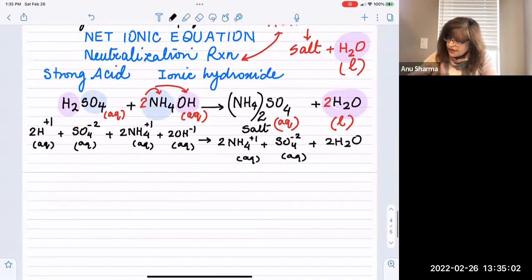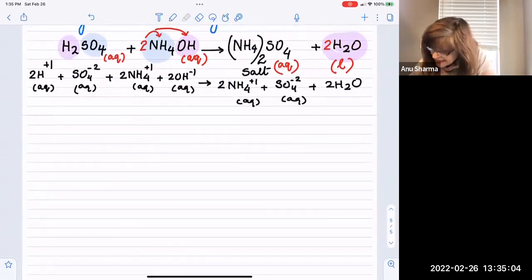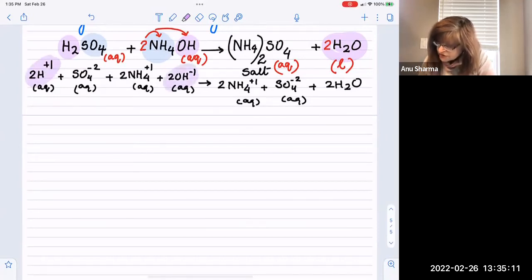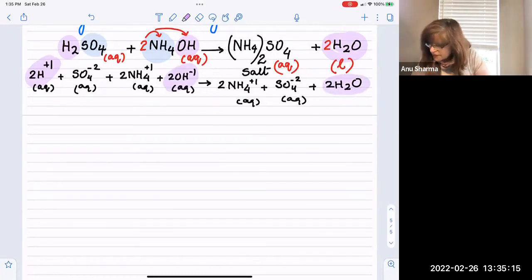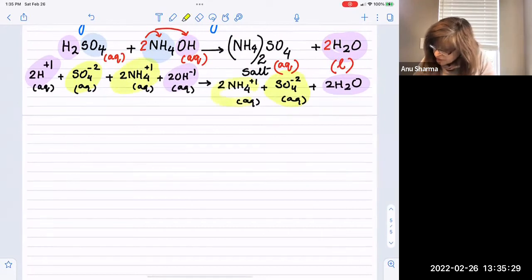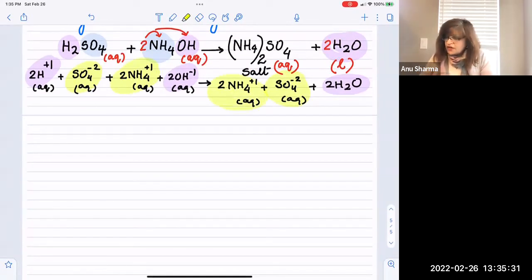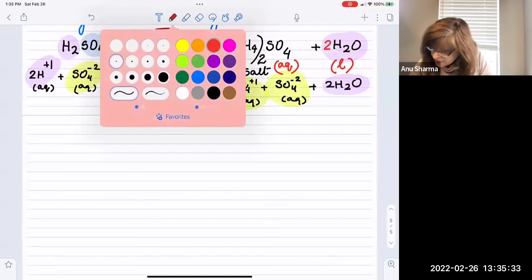So here we have 2 hydrogens, 2 OH, and 2 H2O. And then you also see sulfate aqueous on both sides, 2 ammoniums aqueous on both sides. So which are the spectator ions?